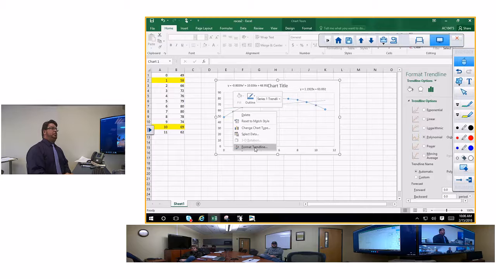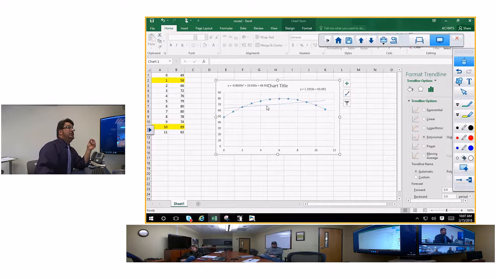For those Excel people, you right click on your point, and you hit Format Trendline, and it'll go to polynomial, or you'll have to tell it to go to polynomial. Because sometimes it may be logarithmic, some days it may be exponential, depending on what it looks like. Now, that dotted line right there is your regression curve. That is the best line. Now, look right here.